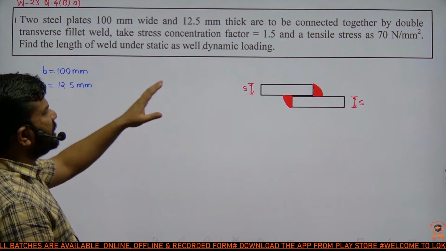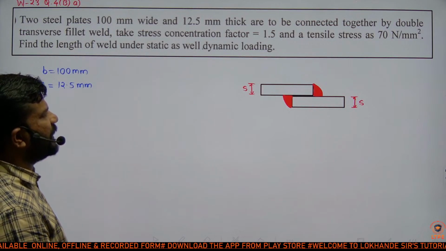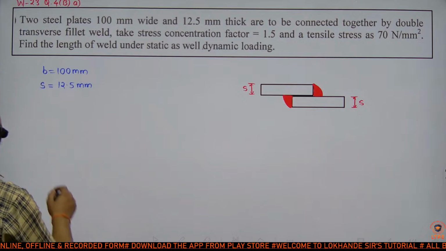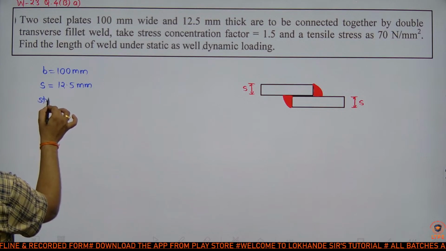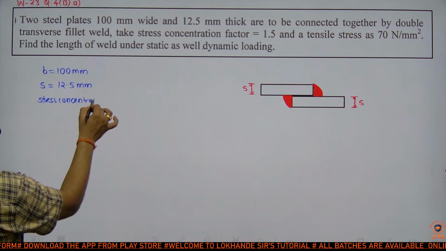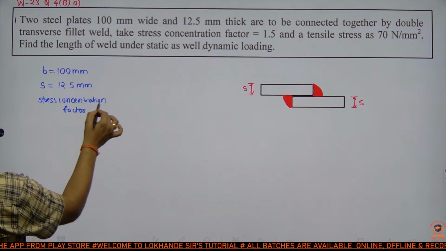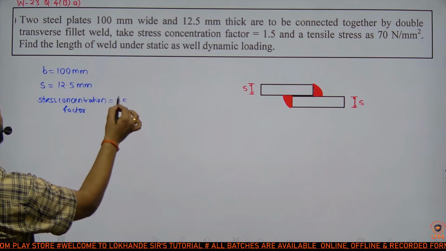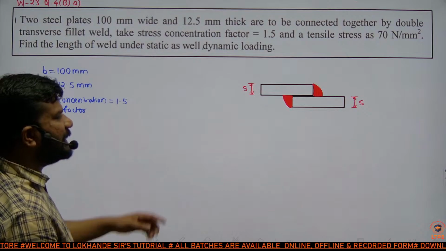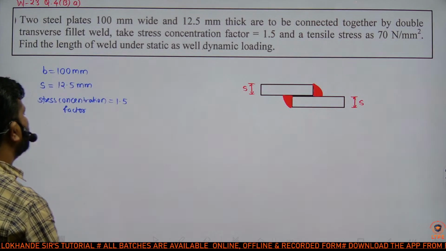Two plates are to be connected together by a double transverse fillet weld. The stress concentration factor is given as 1.5 and the tensile stress as 70.